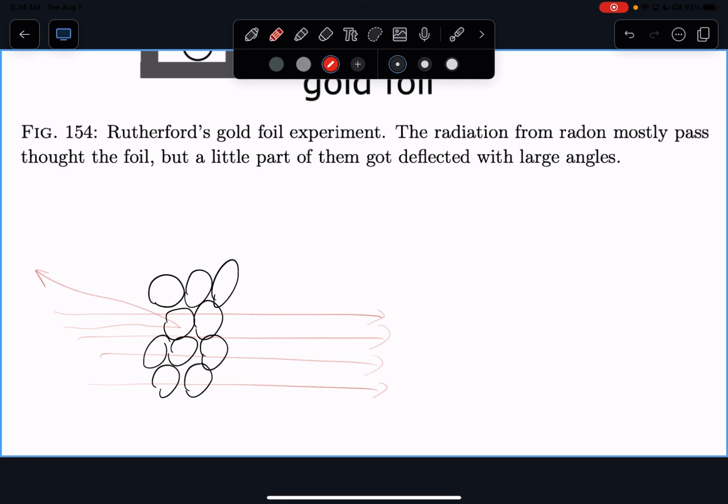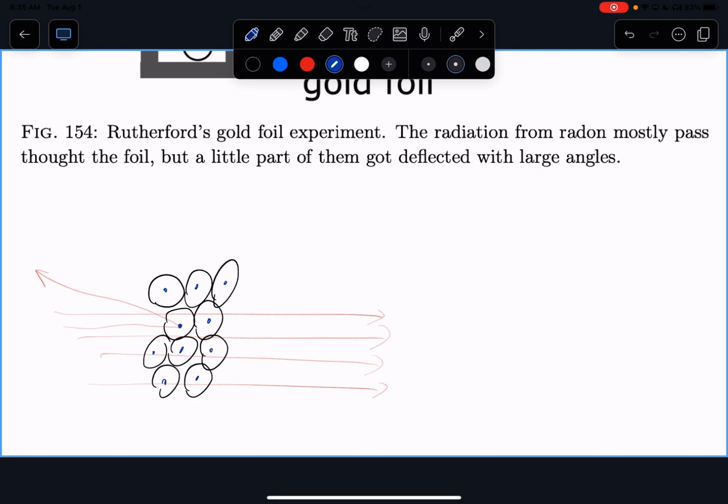But the fact that most of it passes through shows that the atom is mostly empty, and the mass of the atom is definitely not distributed uniformly throughout the entire ball. And we see that some of the radiation will just bounce back. This means that the atom has some core where all the mass is concentrated.